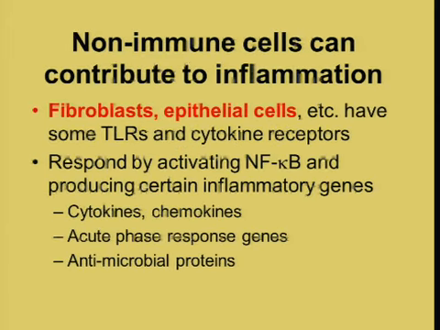Now, there's a whole bunch of other ones, but again, you have to remember that I'm limited by the amount of stuff that I can present in 7 lectures. But just to show you, there's a whole bunch of other components that contribute to inflammation. Fibroblasts, epithelial cells, all those have some sort of TLRs, and of course cytokine receptors.